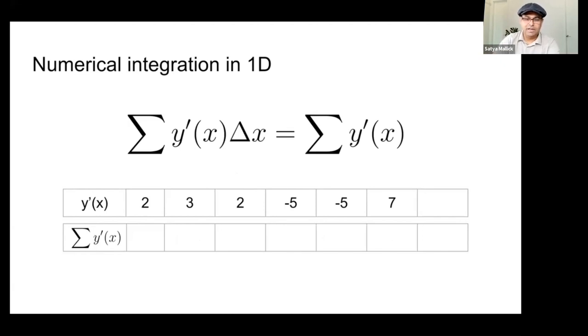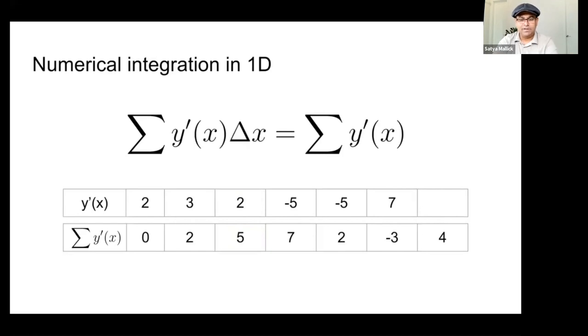When you're talking about discrete values, you simply keep adding the values in the curve. And this is what it looks like. The integral is shown in the bottom line. And we keep adding these values, 3 plus 2 is 5, 5 plus 2 is 7, and so on and so forth. So this is the curve we get for integration.